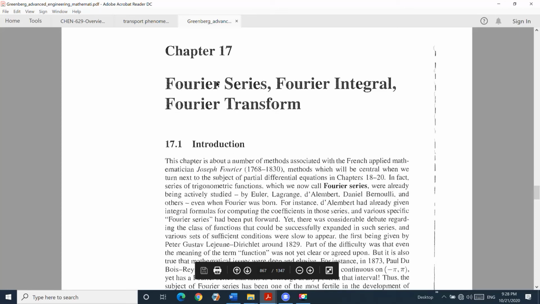Chapter 17 gives the Fourier series, Fourier integral, and Fourier transform.